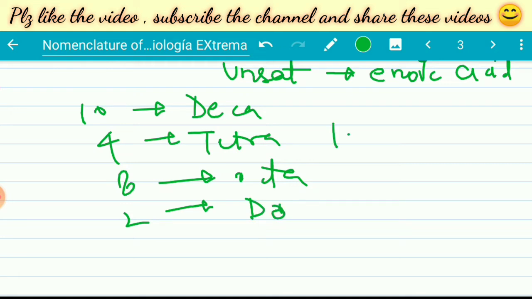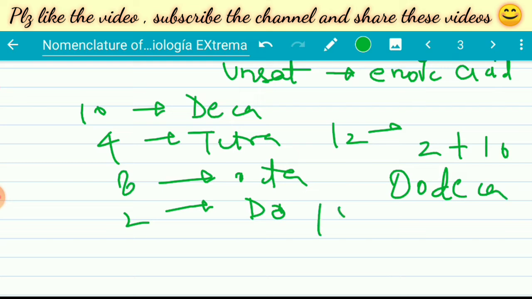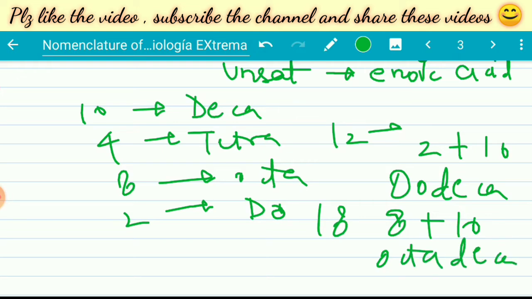If it's 12, we first write it as 2 plus 10, so dodeca. If it's 18 you write 8 plus 10, octadeca. If it's saturated we write octadecanoic. If it's unsaturated we write octadecenoic.